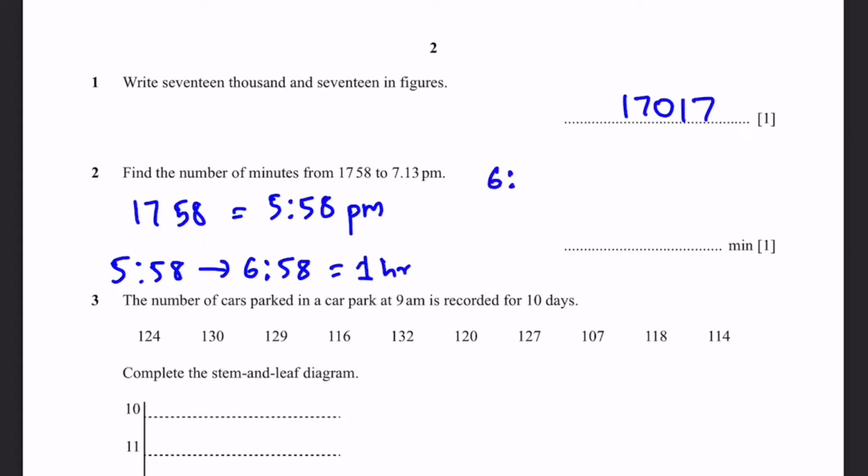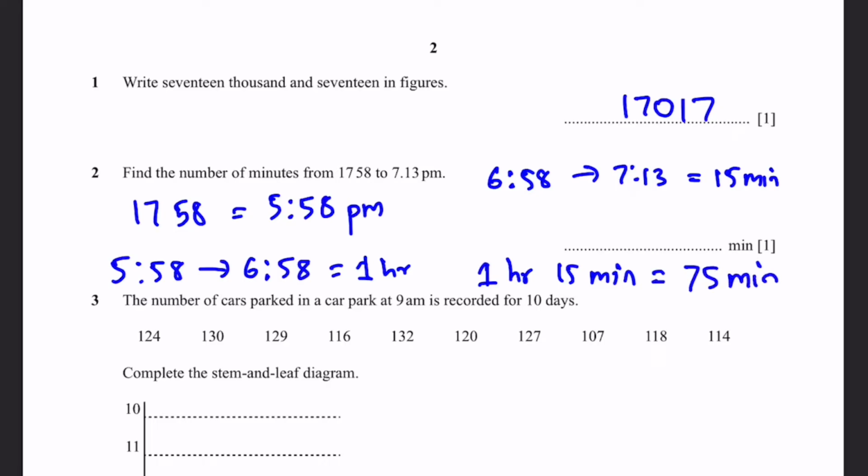And then 6:58 to 7:13 is 15 minutes. Therefore, the answer is 1 hour and 15 minutes. But we need to find the answer in minutes, which is equal to 75 minutes, which is 60 plus 15. So that's the answer. Let's move to question 3.